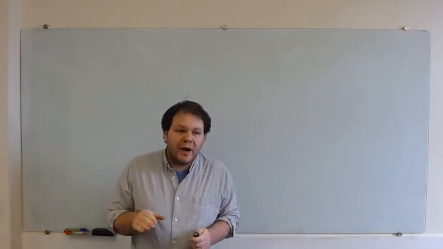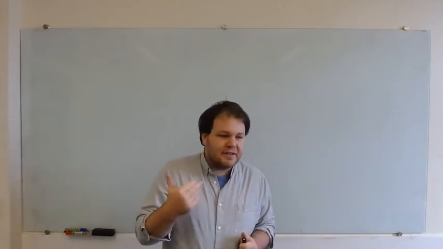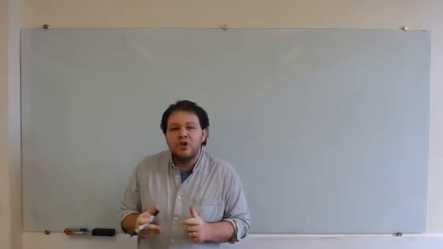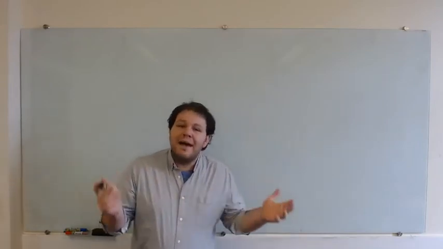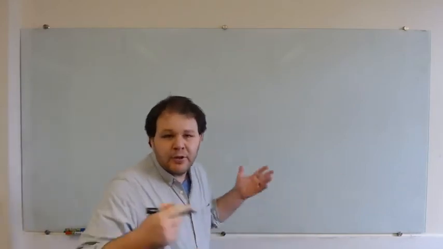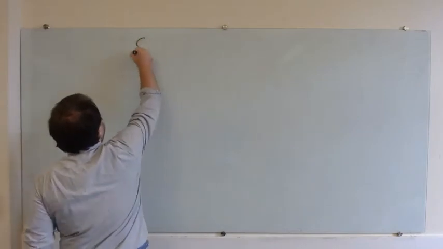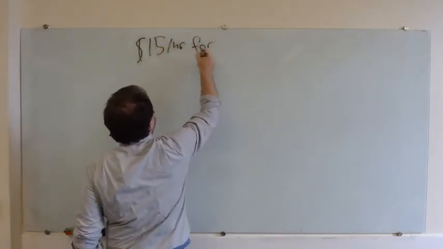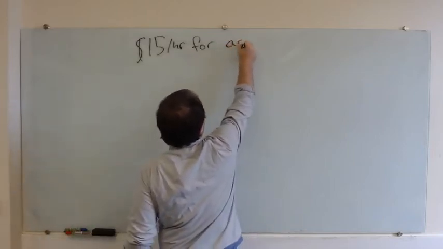So what's the core trade-off when we think about our decision to supply labor? To think about that, let's imagine that you have a job where you can work as many or as few hours as you want, and you get, let's say, $15 an hour for as many hours as you like.